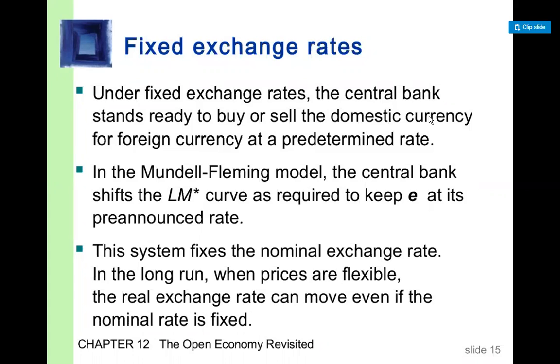So in the Mundell Flemming model, how will the government, the state bank, the central bank of Pakistan, or any central bank of any economy fix the exchange rate?